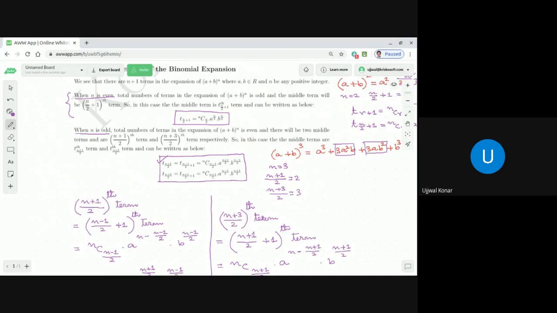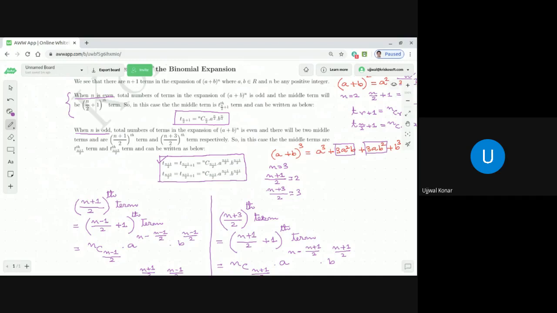If n is even, then there is exactly one middle term, and that is the (n/2 + 1)th term. And we know how to find it because we know the formula for the (r+1)th term. And if n is odd, then there are two middle terms. The first middle term is the ((n+1)/2)th term, which is nothing but the ((n-1)/2 + 1)th term.